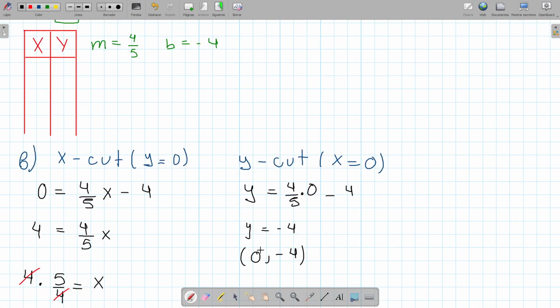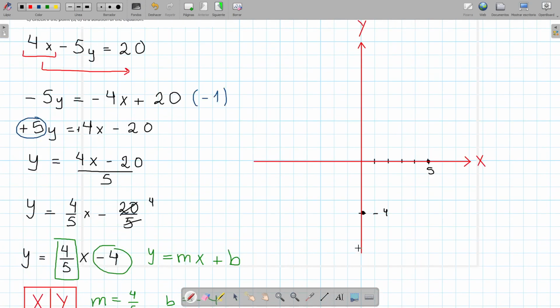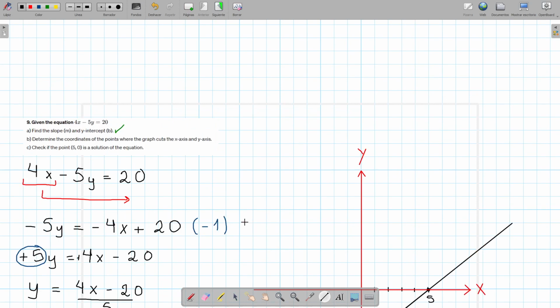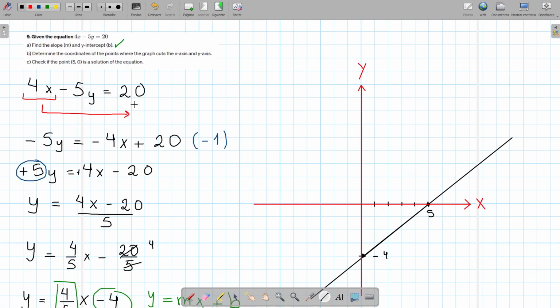And the second point will be 0 and minus 4. We have 0 on x, 1, 2, 3, 4 negative. So this is the other point. So we can join the points, and now we can see that we have the graph for the linear function.